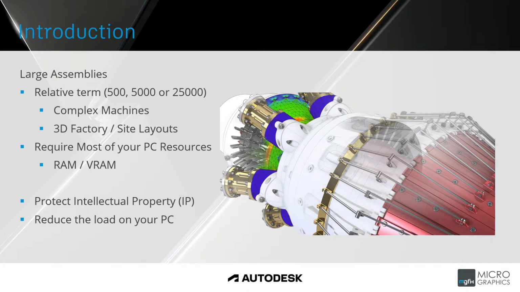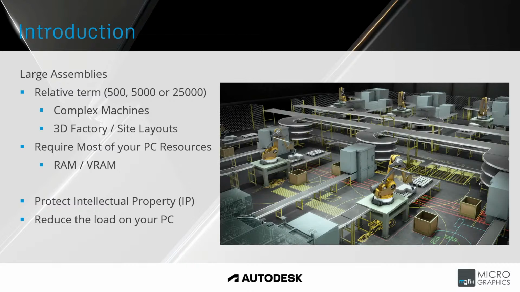They could also be 3D factory or site layouts. And we can then build from there, have multiple factories that need to be laid out next to each other. And so depending on your industry, you would be working with different types of assemblies, but at the end of the day, your final product could be quite a large assembly.